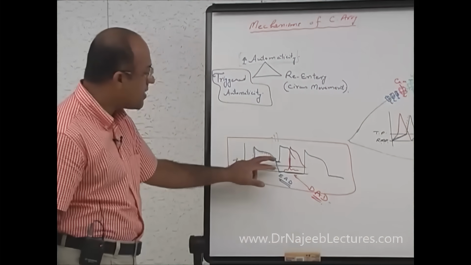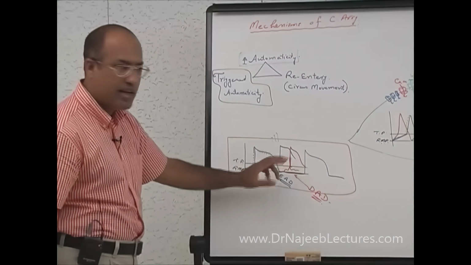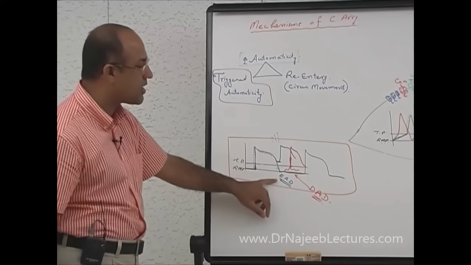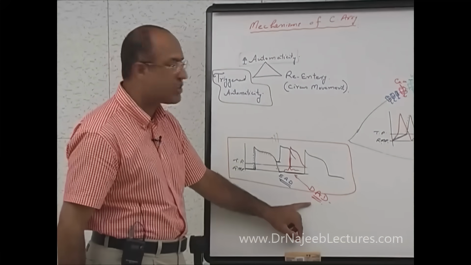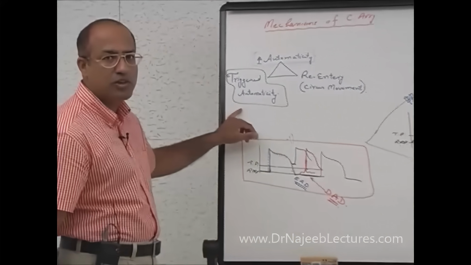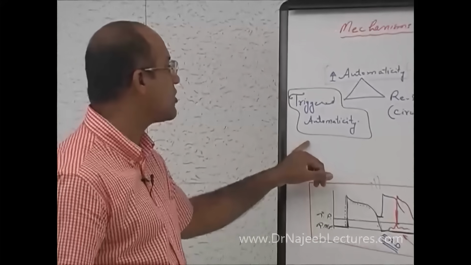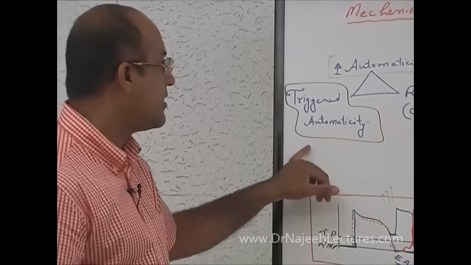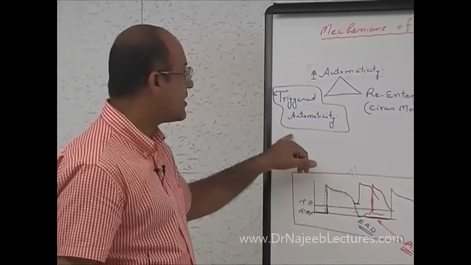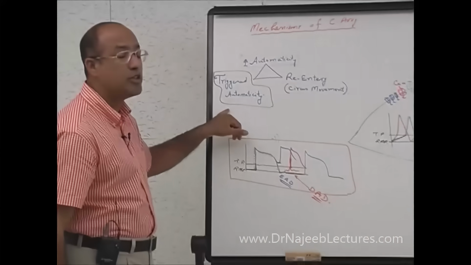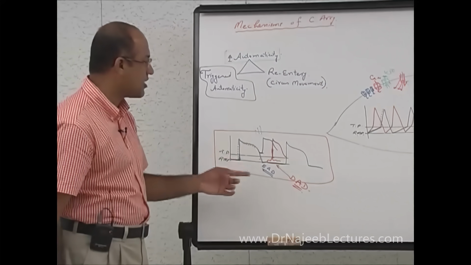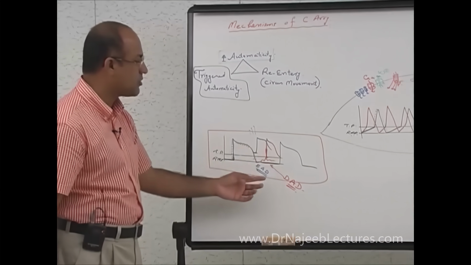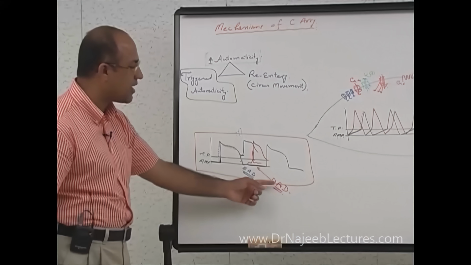So whenever membrane properties are abnormal and they are producing early afterdepolarizations or delayed afterdepolarizations, again tachyarrhythmias are produced, and such tachyarrhythmias are called triggered automaticity induced tachyarrhythmias.